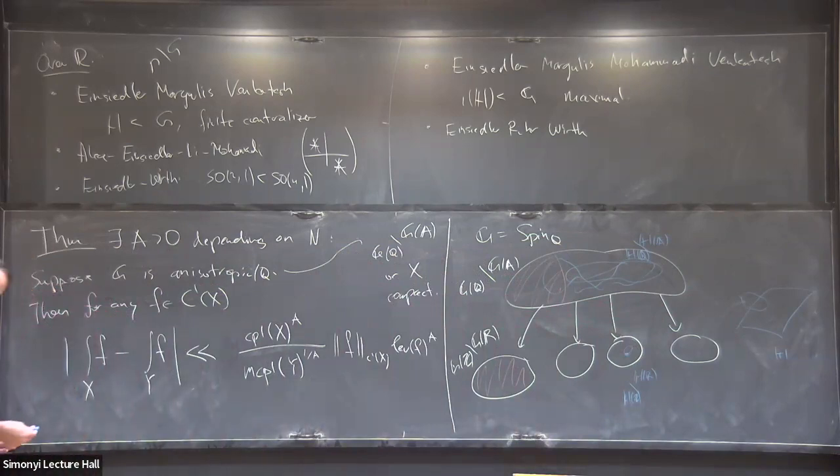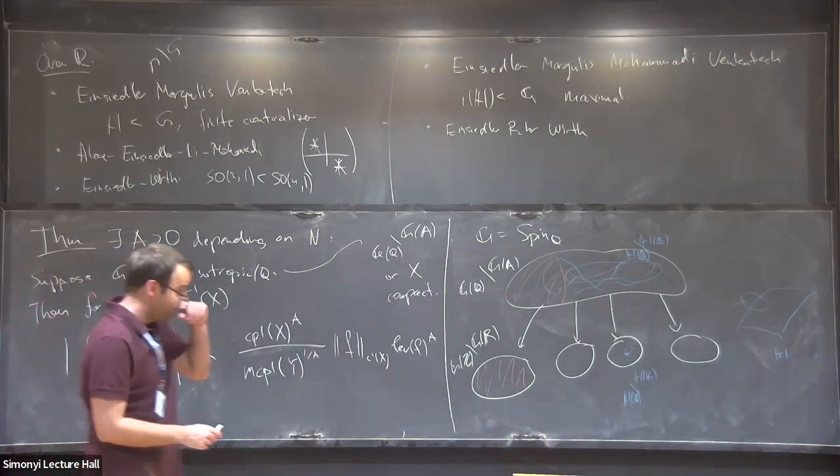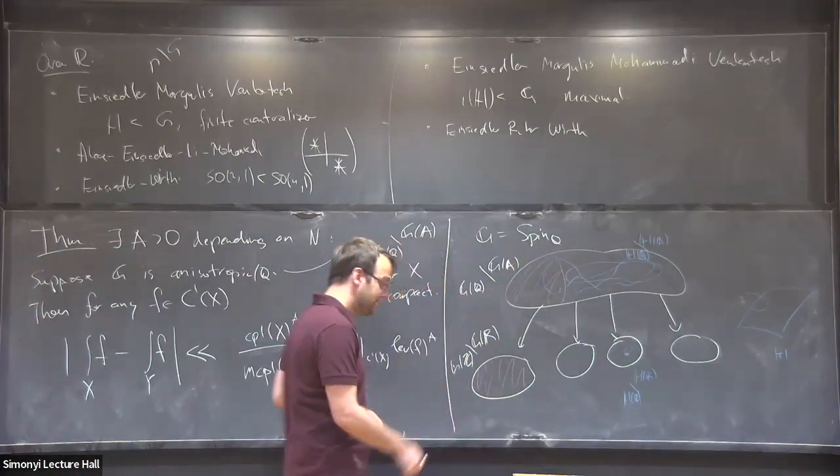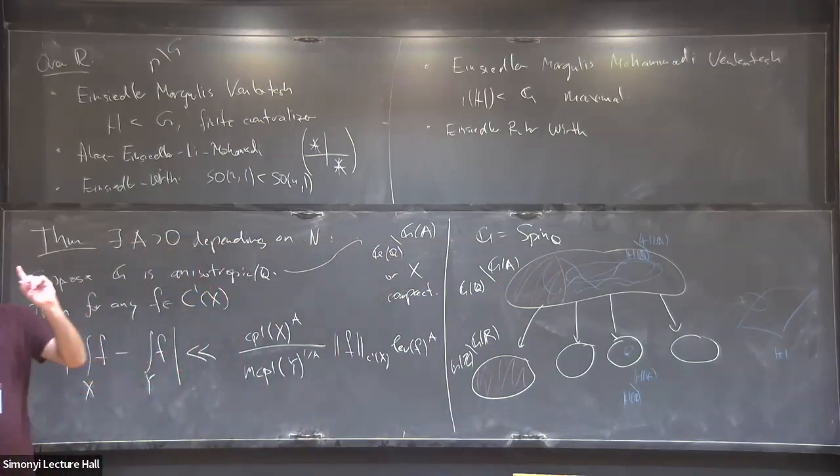And I can really think of this as some type of target-hitting problem. And if the orbit is sufficiently complicated, it will hit this specific open set. So it's really that theorem for one function. Okay.